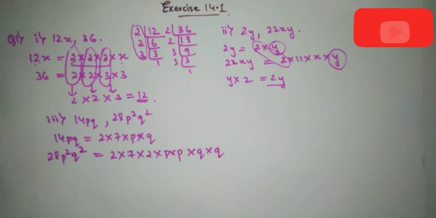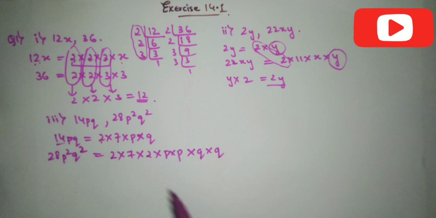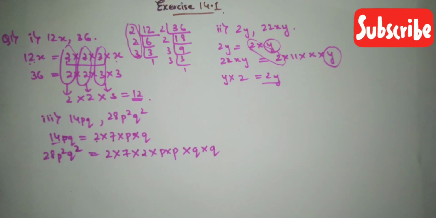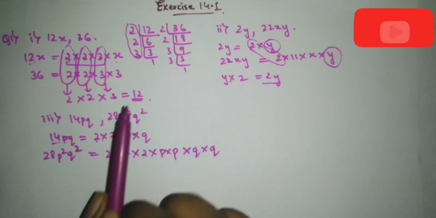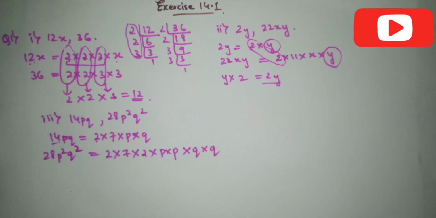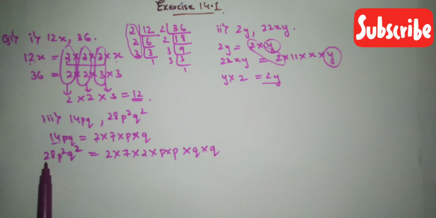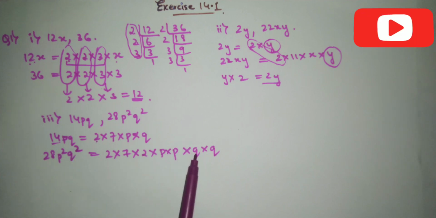How do we get that? You just have to do prime factorization, as I discussed in the previous question. p square is p into p, and q square is q into q.